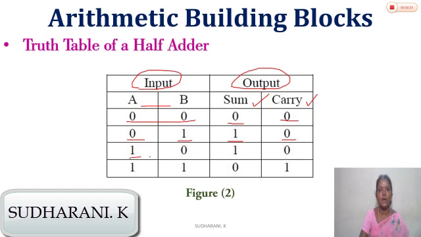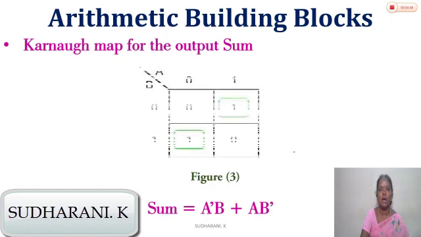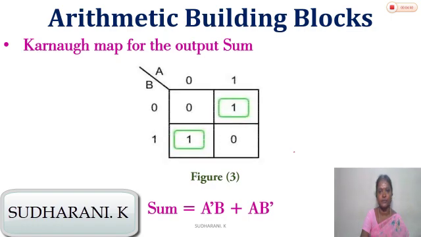When A is 1 and B is 0, then also sum output will be 1 and carry will be 0. If both the inputs are 1, then sum will be 0 with a carry of 1. Now, we have framed the truth table of a half adder.